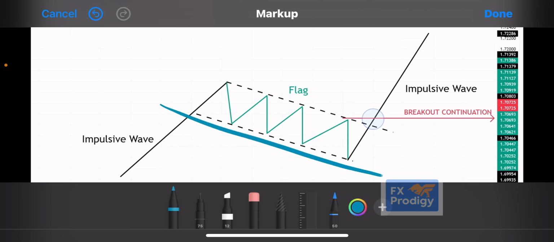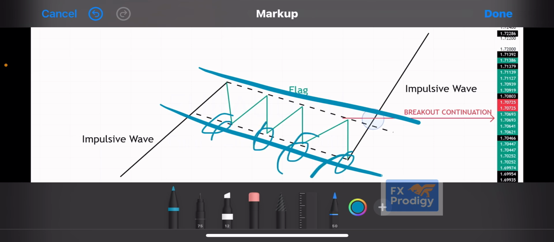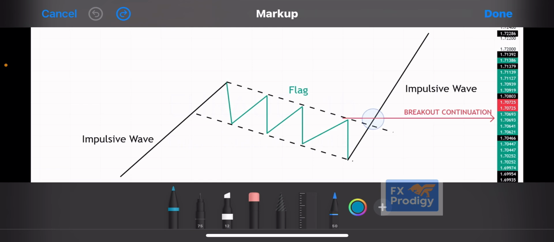First thing first, you join the lower trend line, then you draw the upper trend line, joining the wicks. And then when it reaches the breakout point here, it has to break the upper trend line. After breaking that upper trend line, then you go up. So when it breaks the trend line, then it retests, then it goes up.